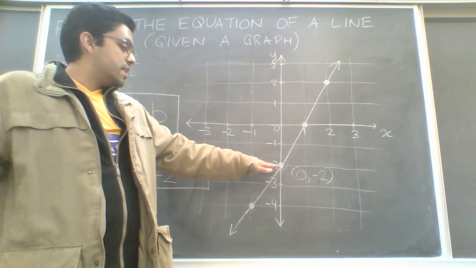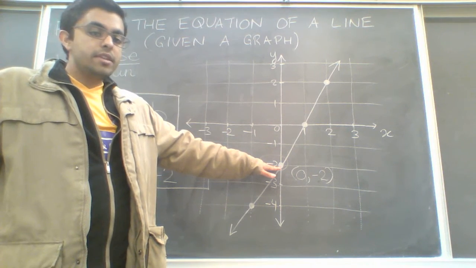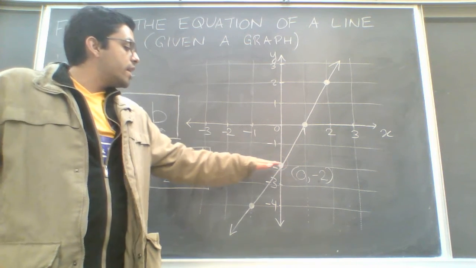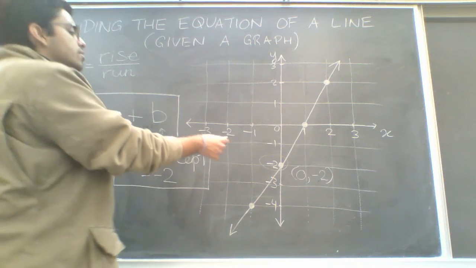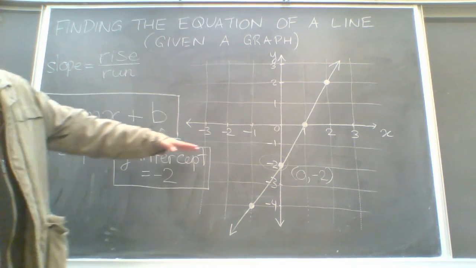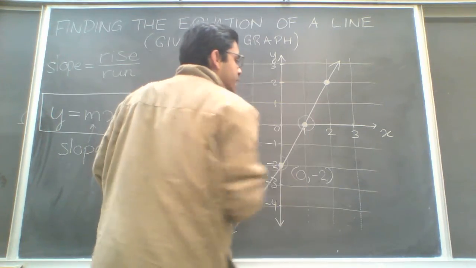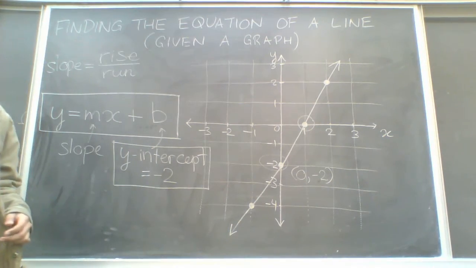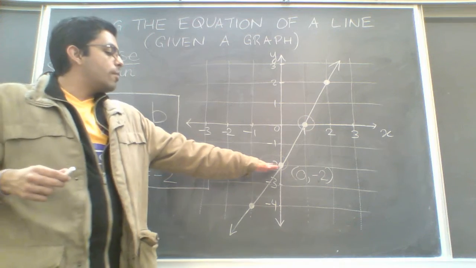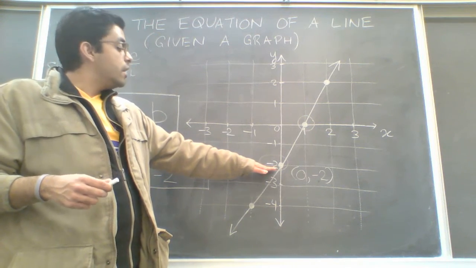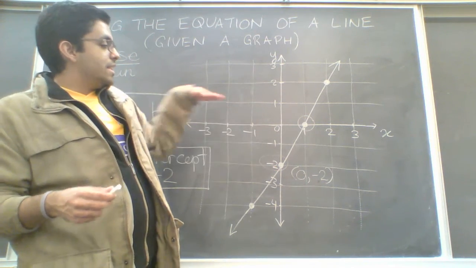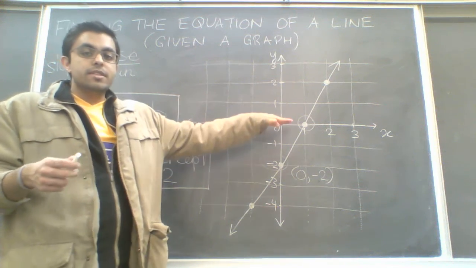From, let's say, this starting point at 0, -2, how many units do we need to move up until we're in line with the next point? So the next point is this one over here. How many units do we need to move up from our starting point, which is this one down here, in order to be in line with that second point?